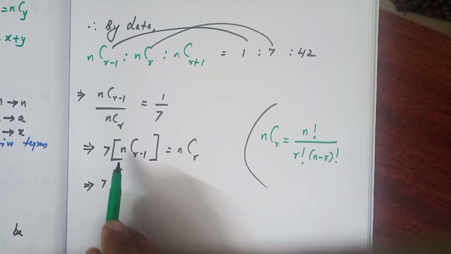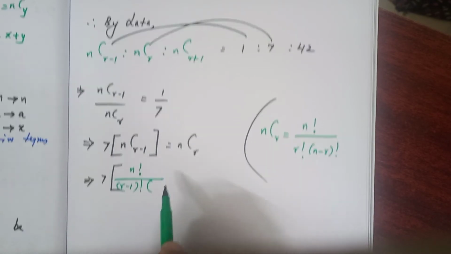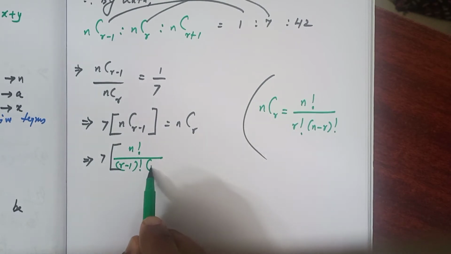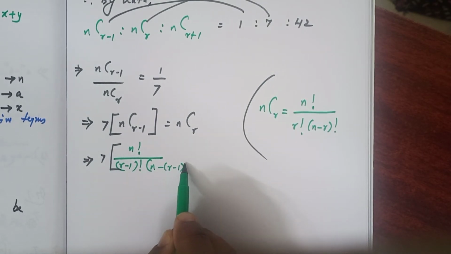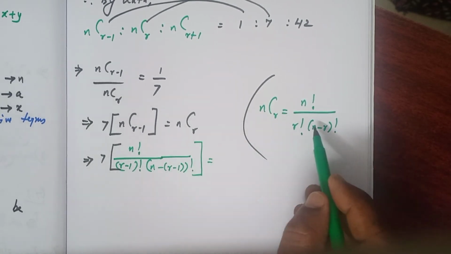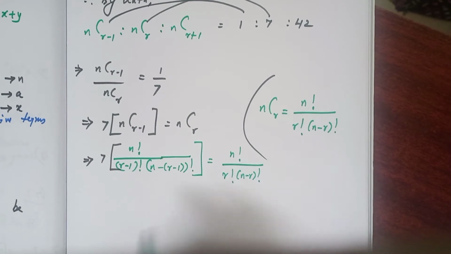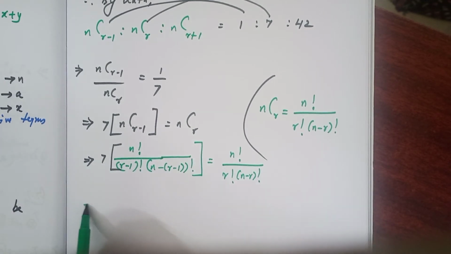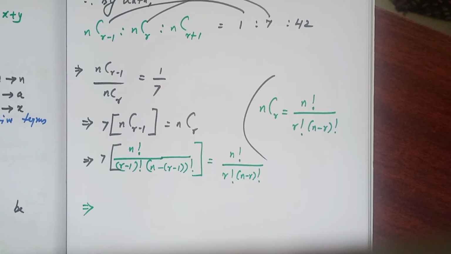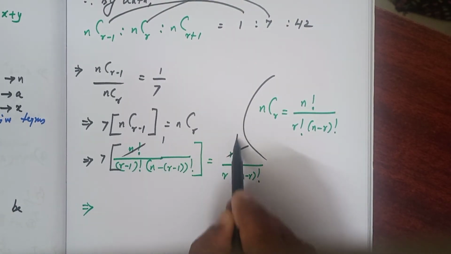So this can be written as n factorial divided by (r-1) factorial into (n-(r-1)) factorial, that is equal to nCr formula, which can be replaced by n factorial divided by r factorial into (n-r) factorial. Particularly, this n factorial gets cancelled on both sides.